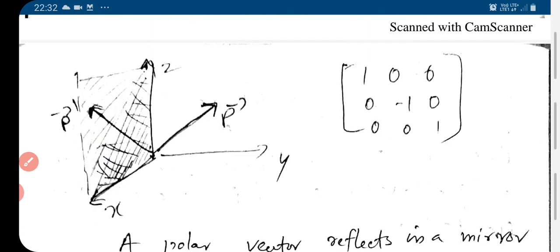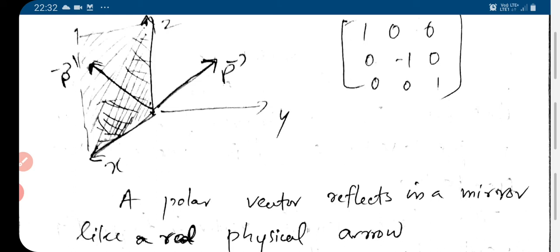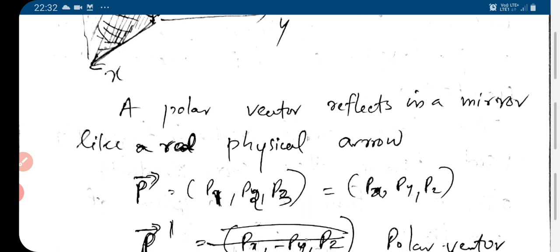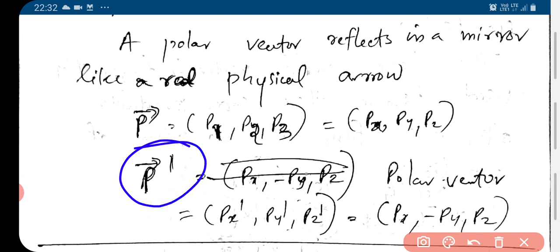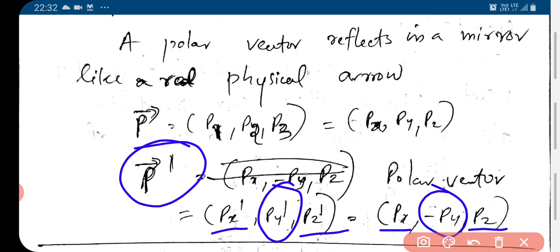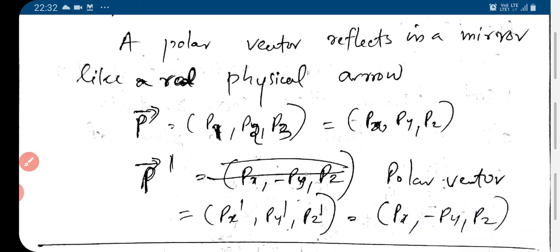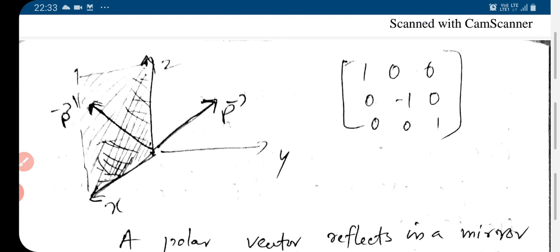Now what happens is, as it gets reflected, there will be no change in the xz components. Px prime will be equal to px, pz prime will be equal to pz. But what about py prime? That will be equal to minus py, because it's getting reflected.